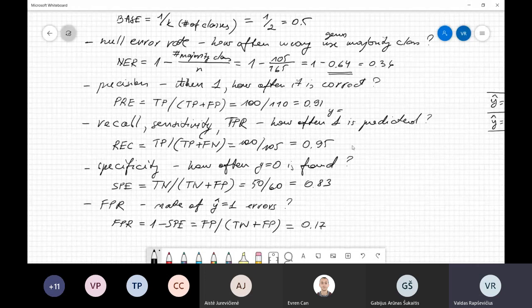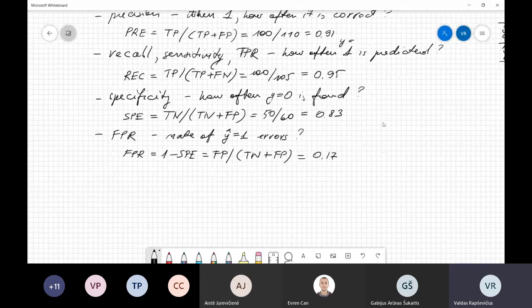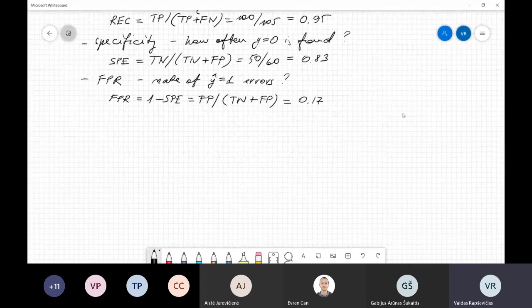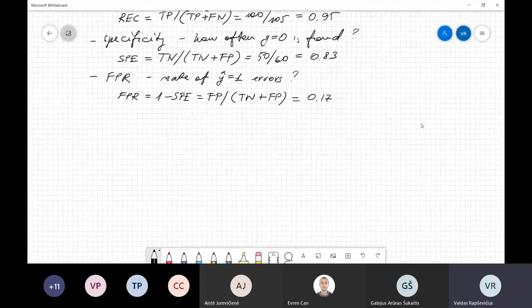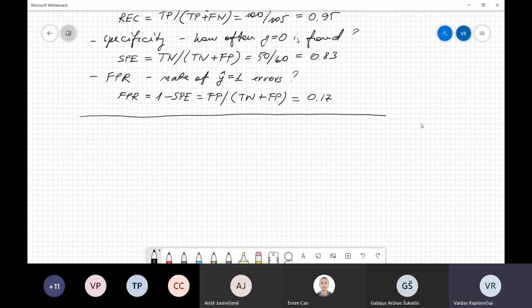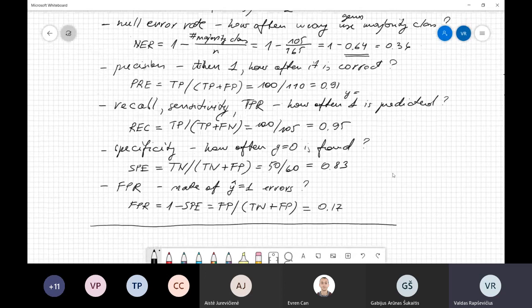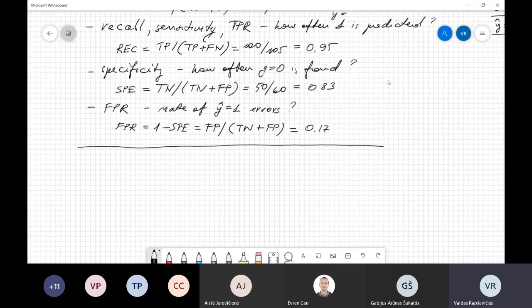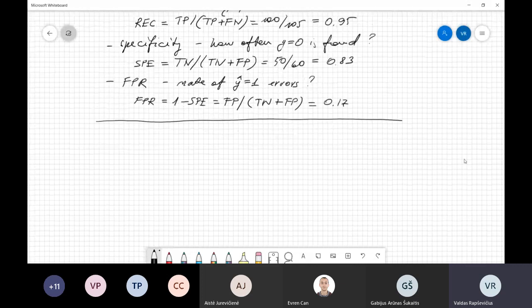Okay, so now to go back to the minimization of errors. Knowing all these metrics that we have already defined here in the class, we can go back to the error.